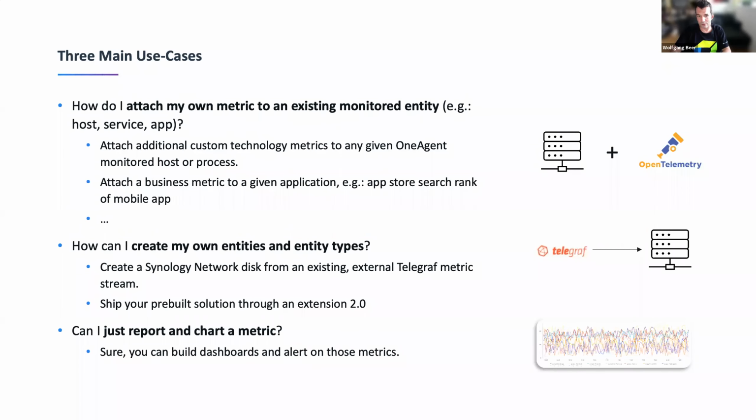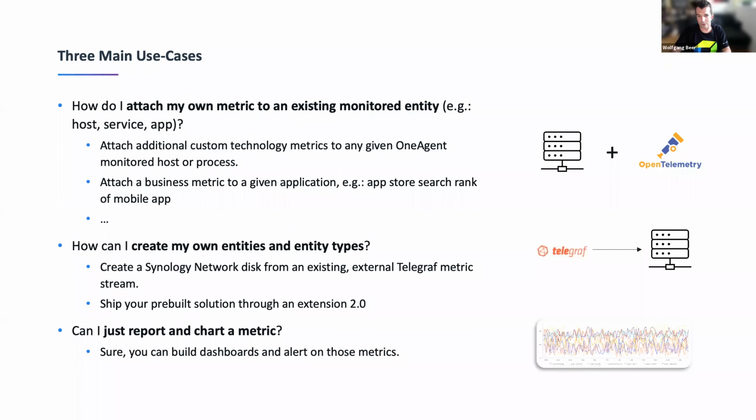So let's assume I have a Telegraf agent or SNMP or an Extension 2.0 running that fetches some metrics from an SNMP data source or from Prometheus or whatever, and I would like to create my own entity on top, and I would like to name and to arrange that entity type, and also to ship that pre-built solution as an extension to the Hub. And that's exactly what I'm describing today, how to do that.